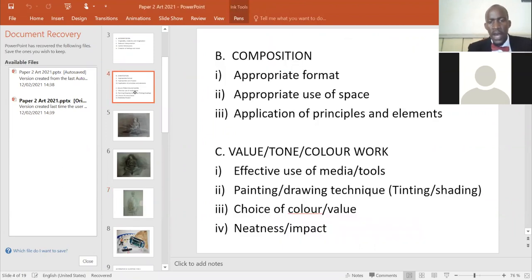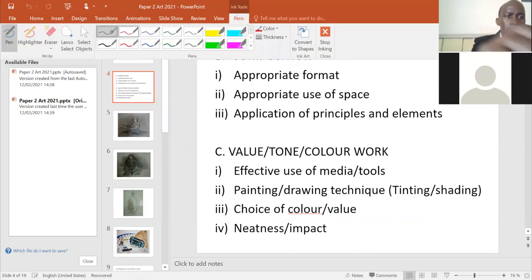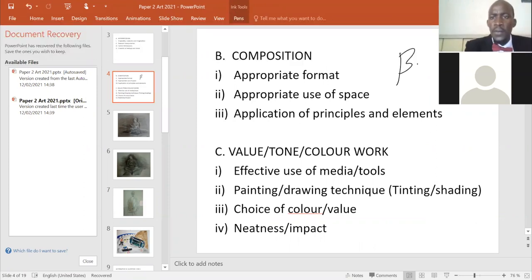As I was saying, how well do you use your shading and painting technique? What are some of the painting techniques that you've been taught in class? We talk about the brush stroke technique in painting.